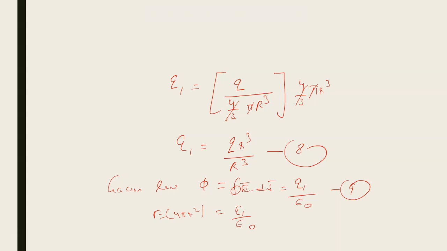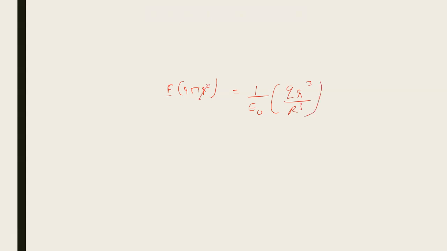Now put the value of Q1 from equation number 8 in this equation, which is equation number 10. So you will get E 4 pi r squared equals 1 by epsilon naught times Q r cubed by R cubed.